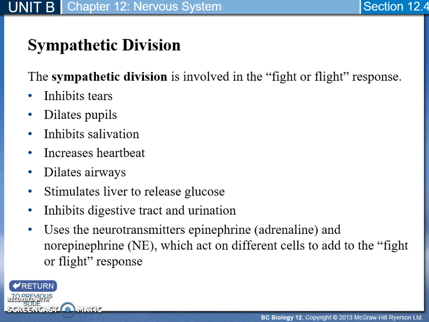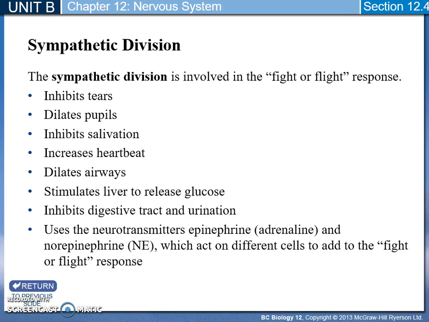Whatever the sympathetic increases or decreases, the parasympathetic would have pretty much the exact opposite effect. So the sympathetic is that response where there's some kind of a stimulus where you need to respond in some way, whether that be in an athletic event or something like that. It's the sympathetic division that allows you to do that.